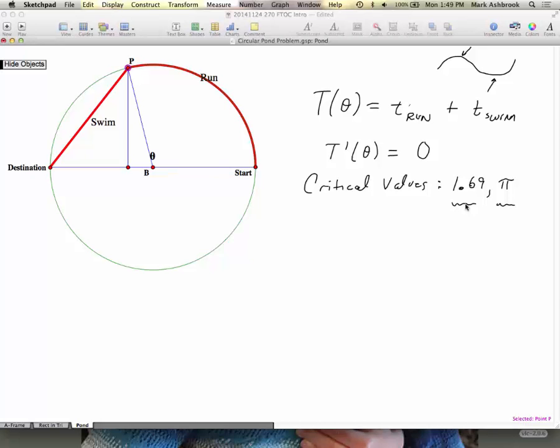Well, that's not necessarily true, because there are different types of critical values: maxes, mins, etc. So this turns out to actually be a local max, meaning if she ran to this point and then swam the rest of the way, this would take the most amount of time of anything.